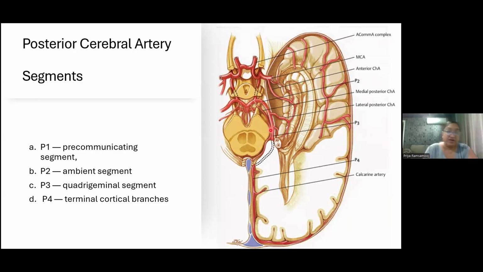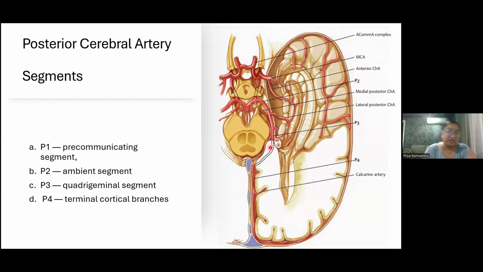And then P3, as you can see here, is a quadrigeminal segment, like I said, which extends from the lateral portion of, as the name suggests, the quadrigeminal cistern origin. And right there is also where your posterior temporal artery comes off, okay? And the anterior limit would be that of the calcarine fissure. And then you have P4.